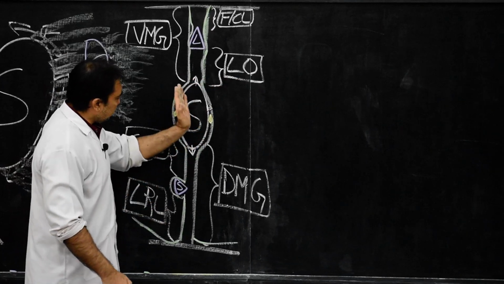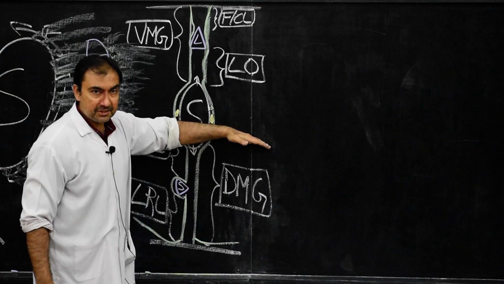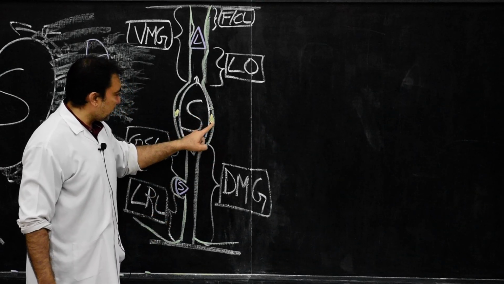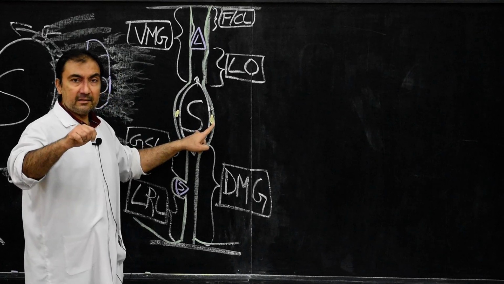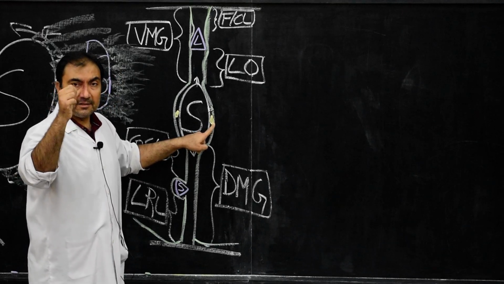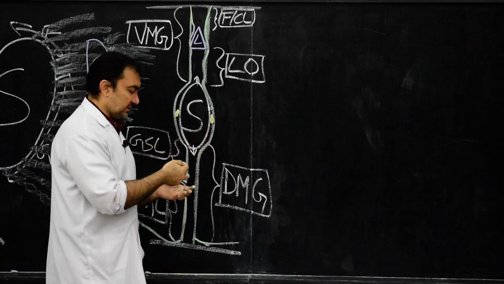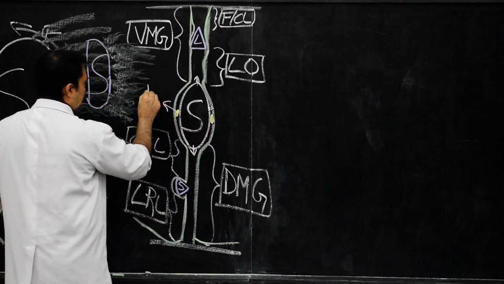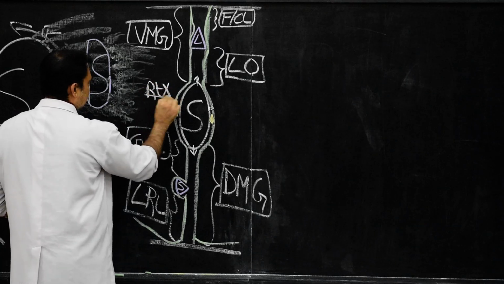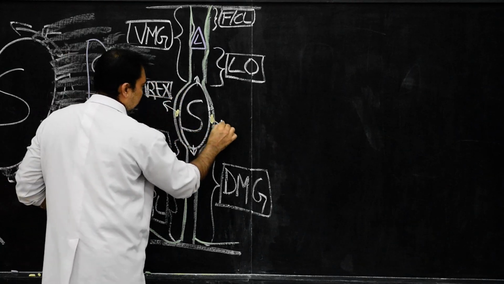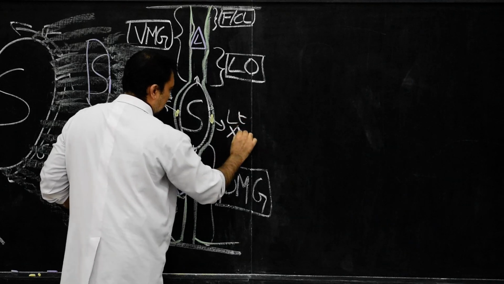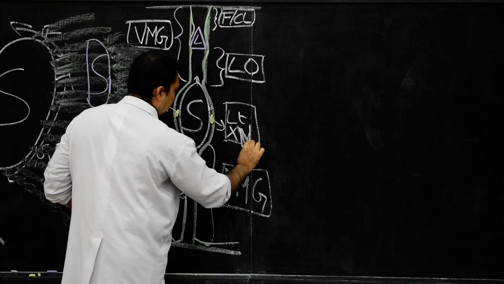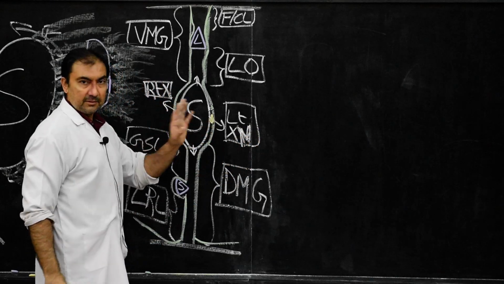And when the right surface of the stomach, after 90 degrees of rotation, becomes the dorsal surface, then the right vagus nerve here will be known as the posterior vagal trunk. This is the importance. So here I can mark this as the right vagus nerve and this as the left vagus nerve.